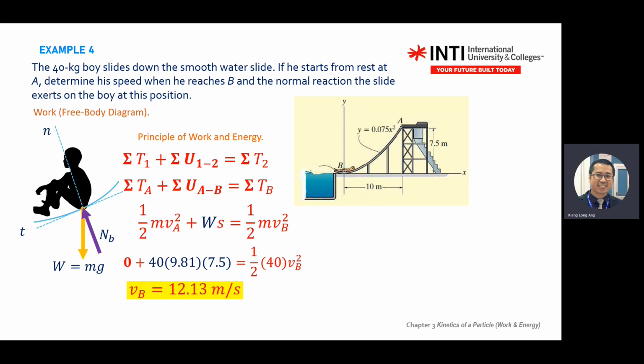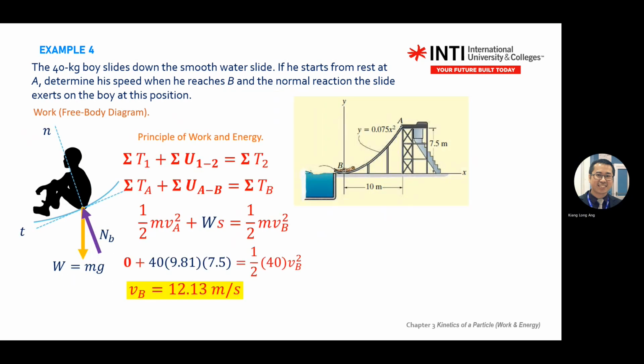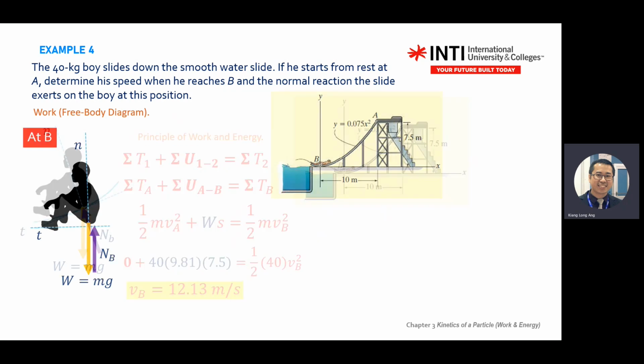Why do we choose VB positive and not negative? Because it's a square solution. Why do we pick positive and not negative? Because it's going to the left. Then equation of motion. In this case, we use it to find at B. Just now was A. A to reach B, we use the principle of energy.